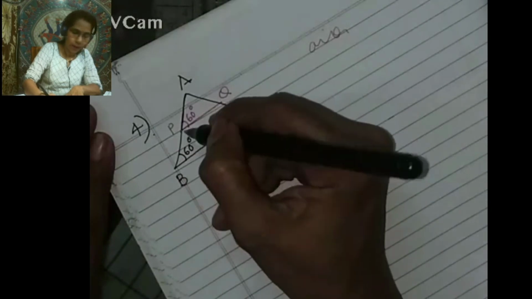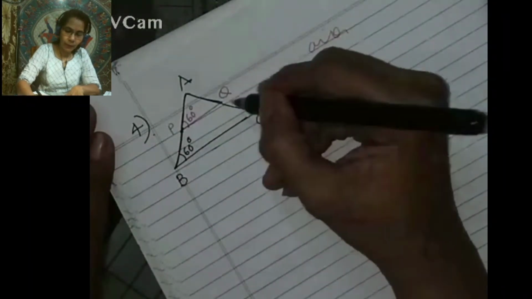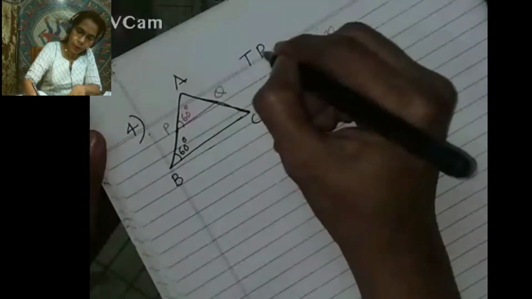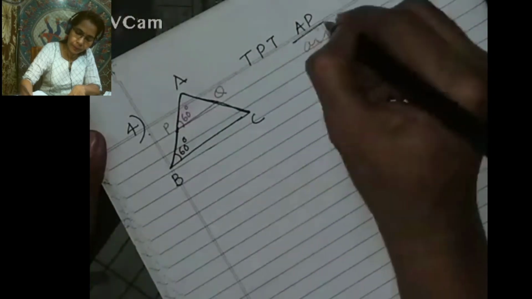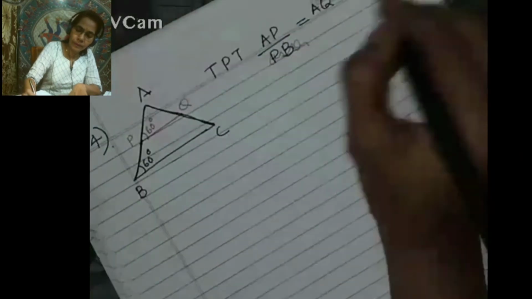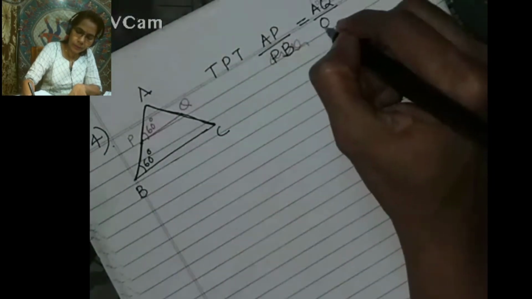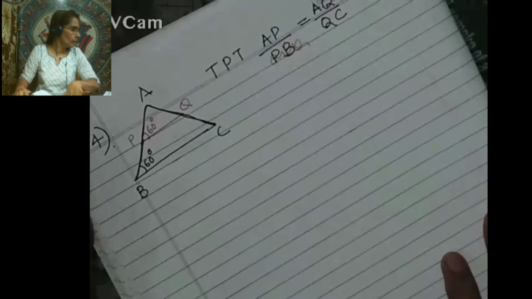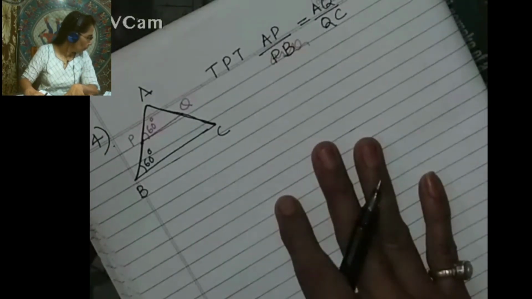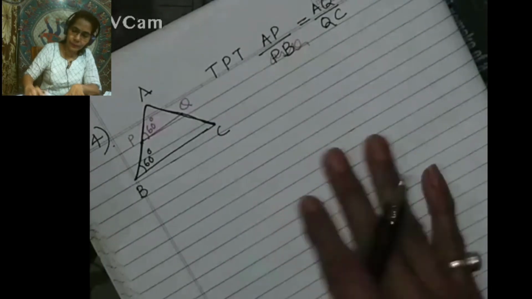We need to prove that AP upon PB is equal to AQ upon QC. To prove anything, I told you, let's play with the figure.